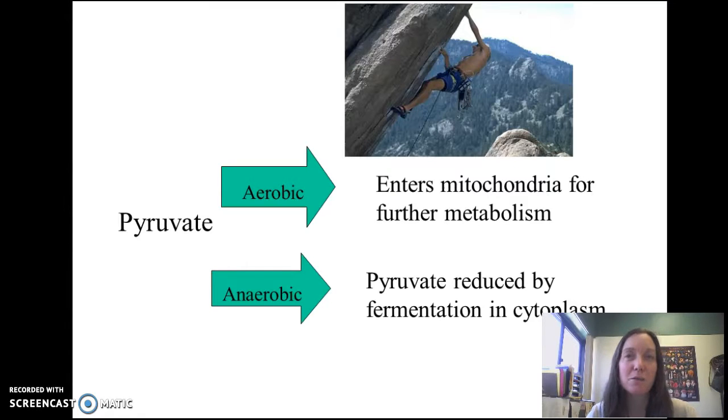I have a rock climber in this picture because they're using up sugars, breaking apart glucose molecules, and after a while, your body might become limited in oxygen. You might get out of breath. So our bodies are designed to go through aerobic metabolism most of the time, but we can also do anaerobic metabolism and break down sugars even when we are out of breath.